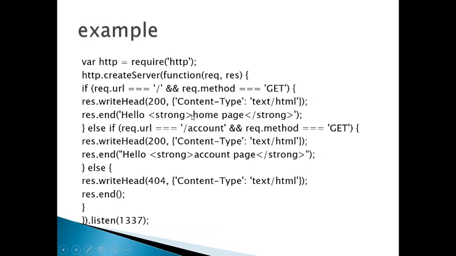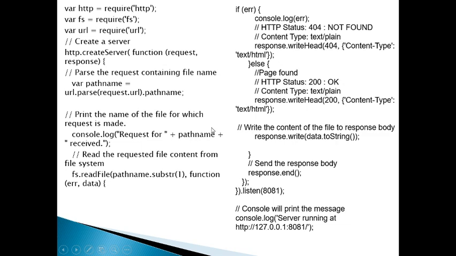Here we have written two specific routes and one generic route, so that anything outside these two routes will be routed to this one. So route is a combination of the requested URL plus the method. This slash account can be called with the get, post, delete, and put methods. All the methods combined with this will be called our route.